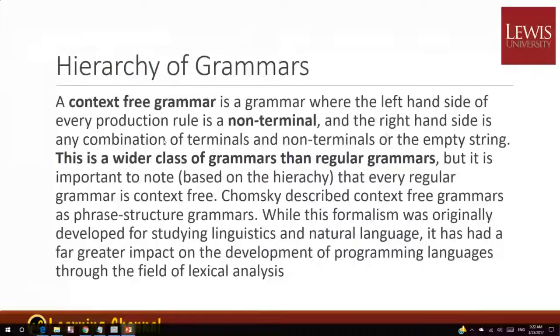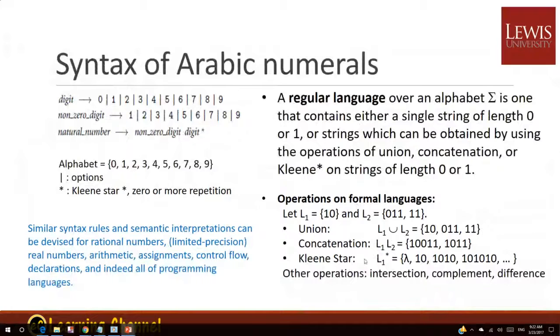Right here, it says that the right-hand side is a terminal, non-terminal, or empty string. So the main difference between context-free grammar and regular grammar is the non-terminal part. The left-hand side can always be a non-terminal, but on the right-hand side, context-free grammar has terminals and non-terminals or the empty string. But for regular language, you have the empty string, or repeating many times, or concatenation, or union.